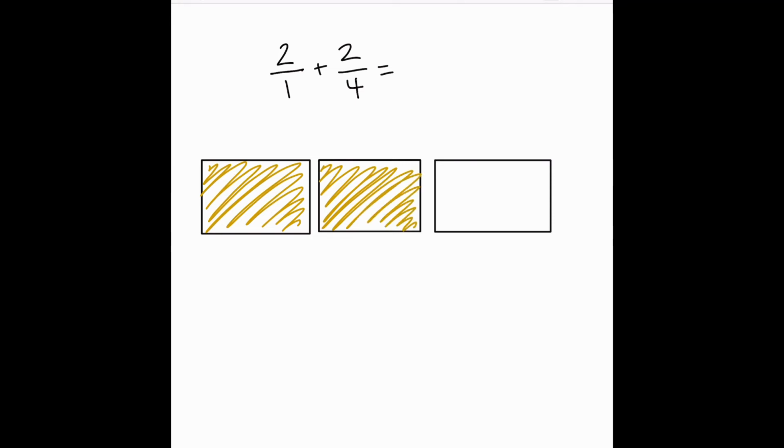And then I broke the 3rd square into 4 and colored in 2 fourths to show the 2 fourths or 1/2 of the next square.